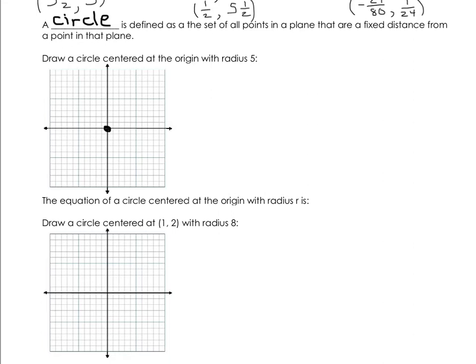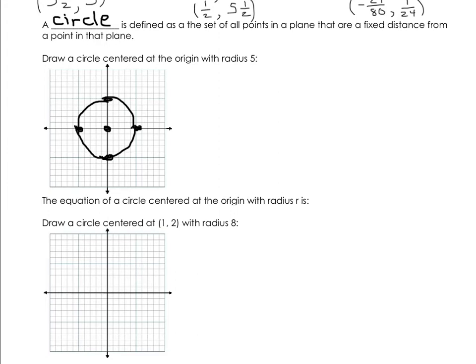So we want to go 5 units away from the origin. We can go right and get to a point. We can go down. We can go left. We can go up. We can go at a slant to get 5 units away from the origin. And that gives us a circle, sort of. It should be a circle.